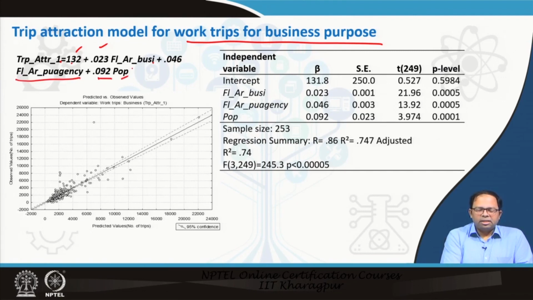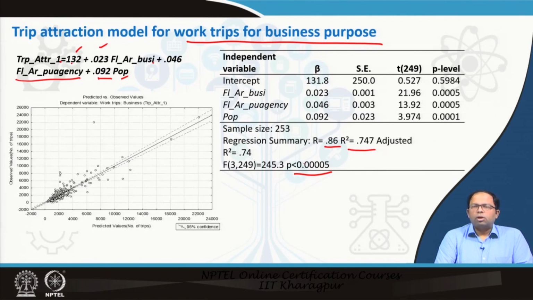This is the best possible result that we have got, and we found that R square is around 0.8, adjusted R square is 0.747, and the total F value is significant.